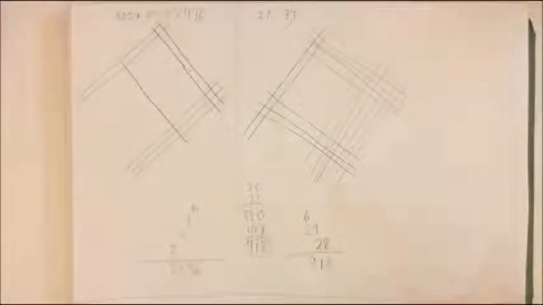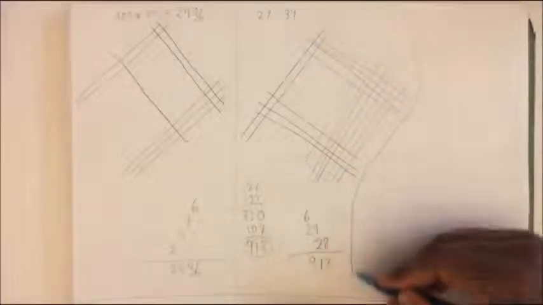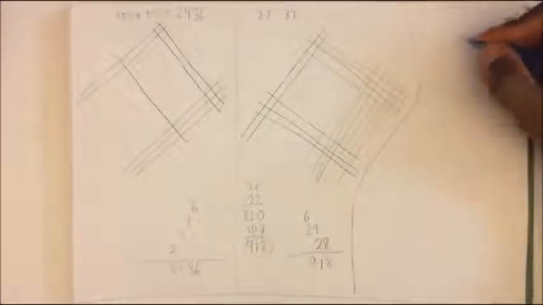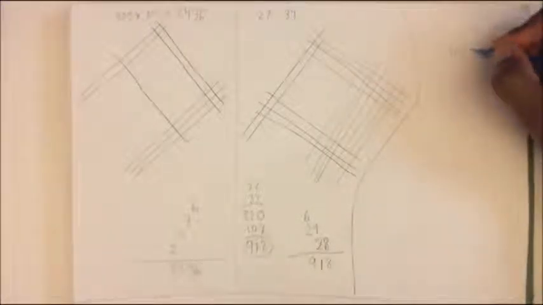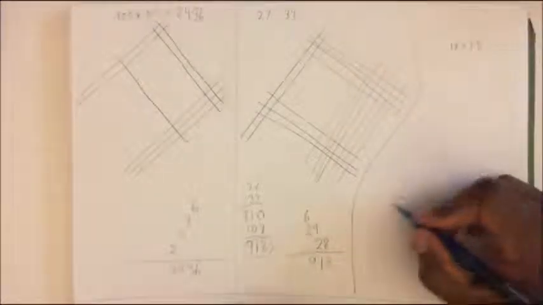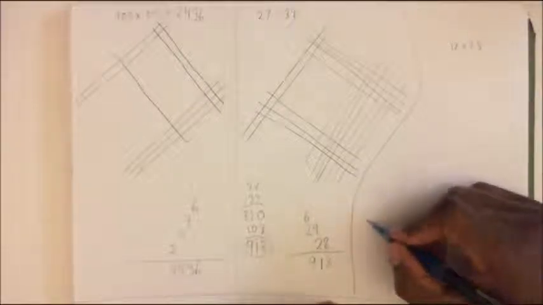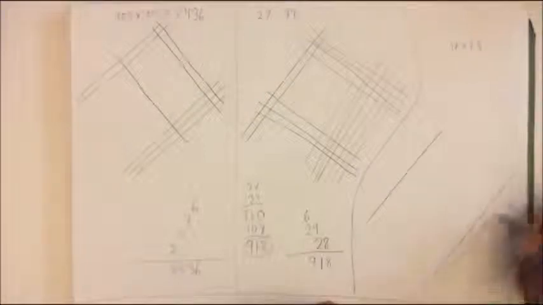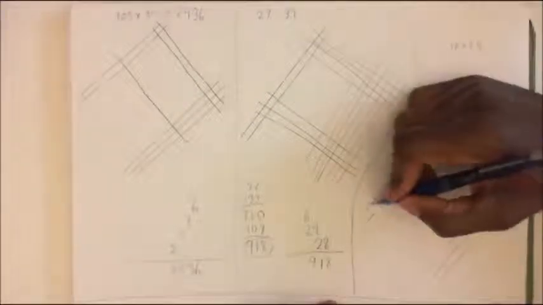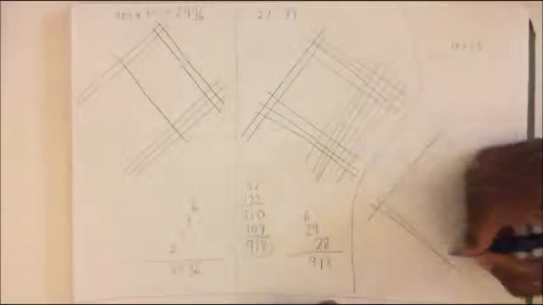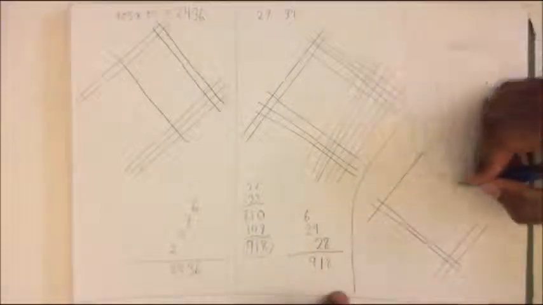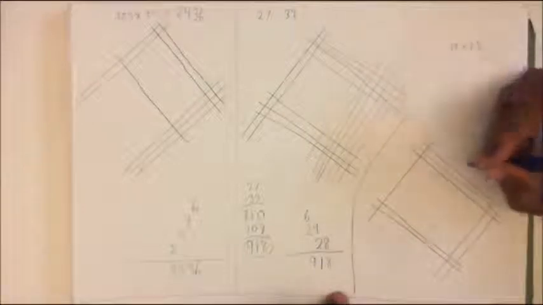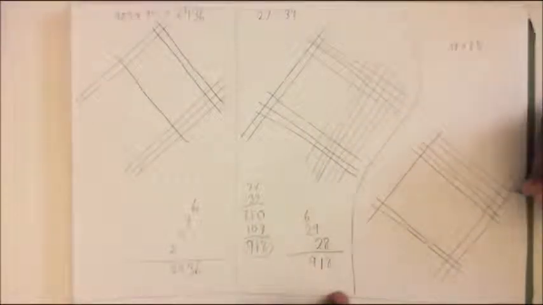This time, we're going to try a third set. We'll try 12 by 25. 12 is represented as a 1 and a 2, and 25 is represented by 2 followed by 5 solid lines: 1, 2, 3, 4, 5.